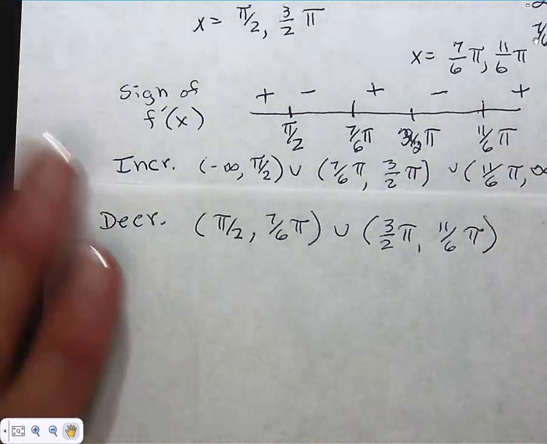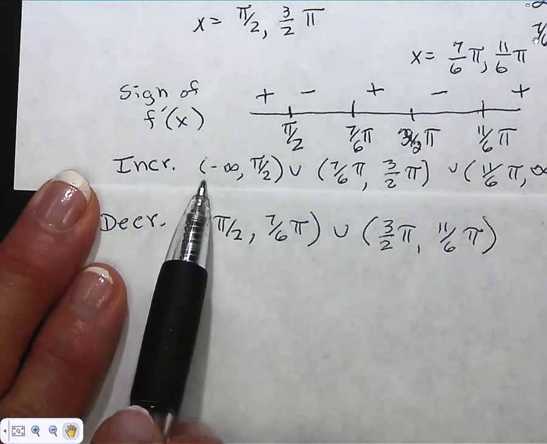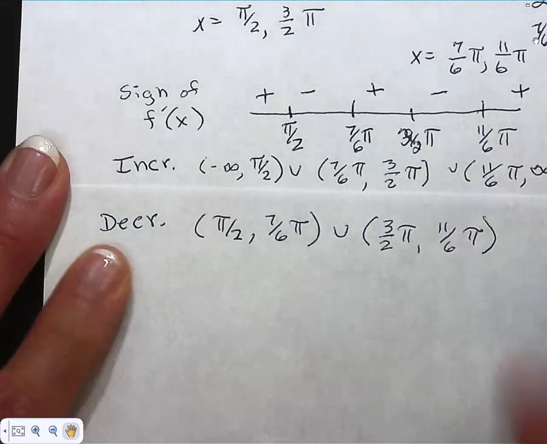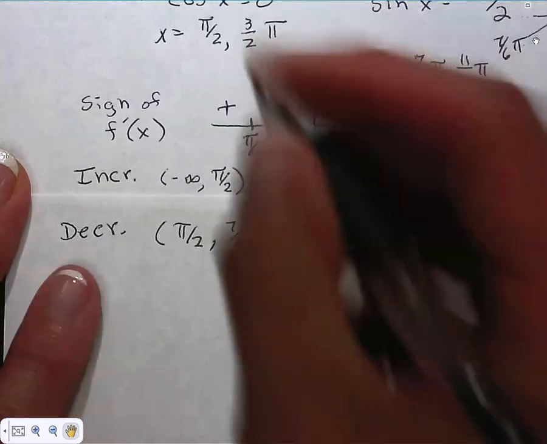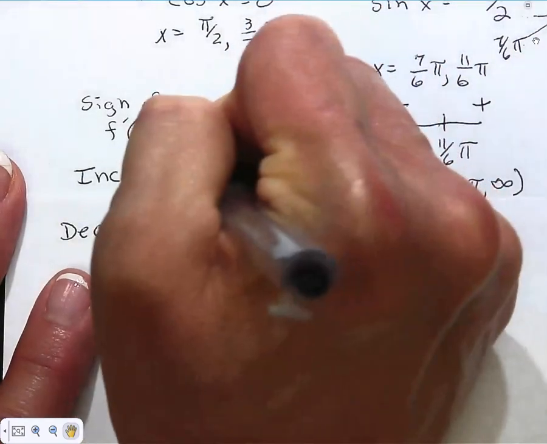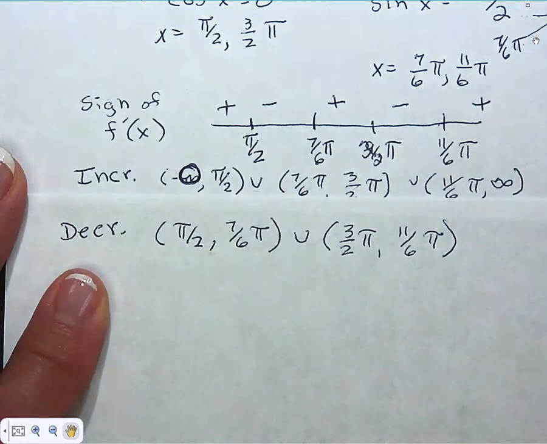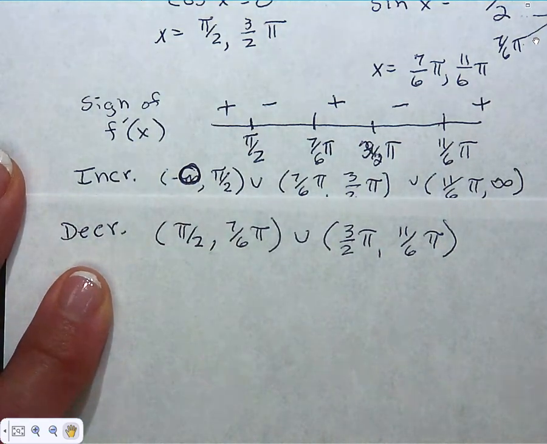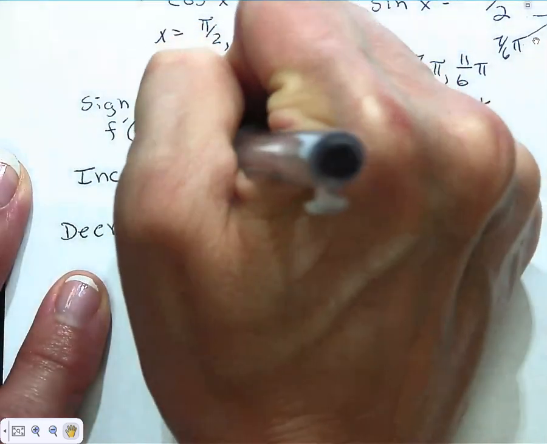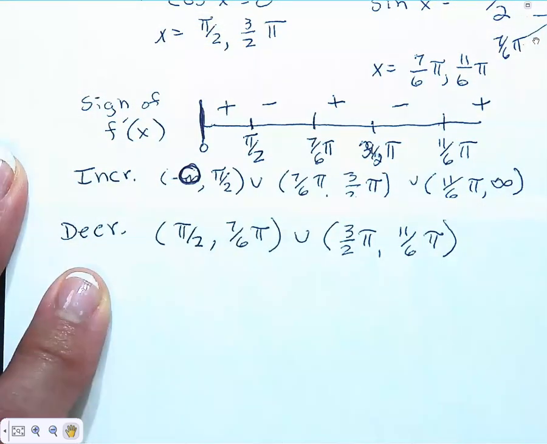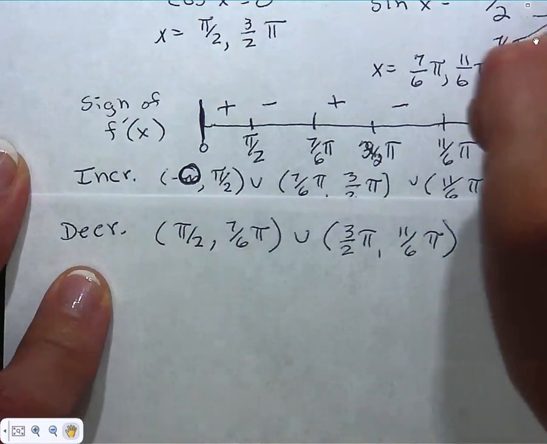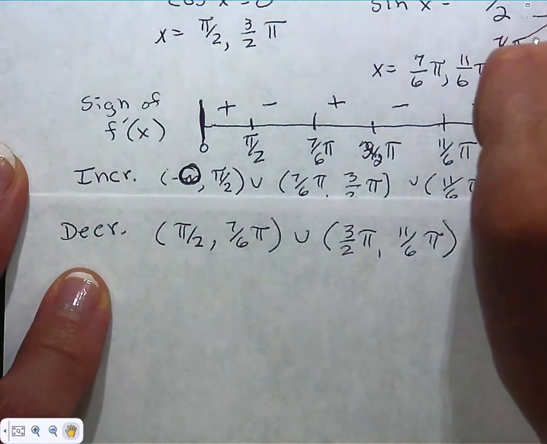I should not have said from -infinity or to +infinity, because I'm talking about a closed interval here. I should say from 0 to pi over 2. You know what helps me remember that on the graph, and I didn't do it? If you give me a closed interval, I always draw a big line to say the graph stops here. And I forgot to do that on this graph.